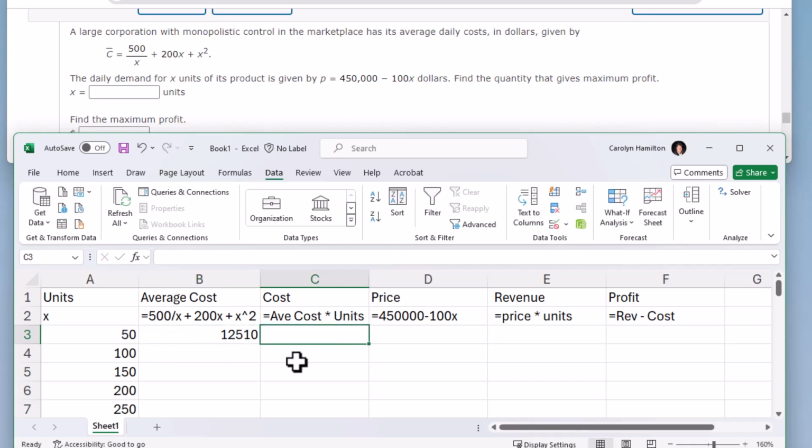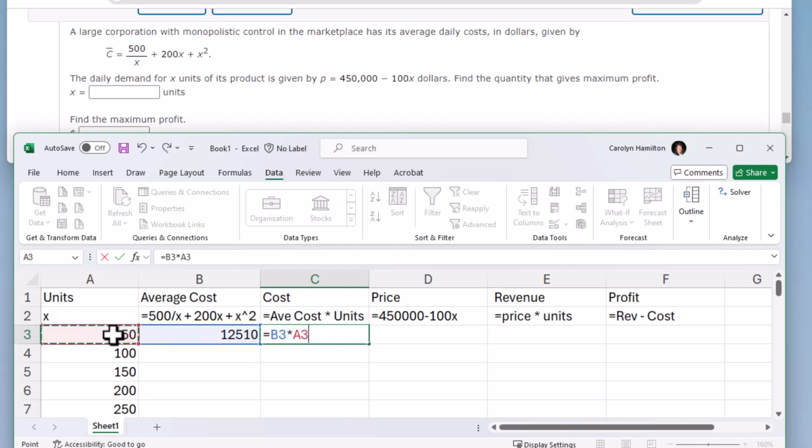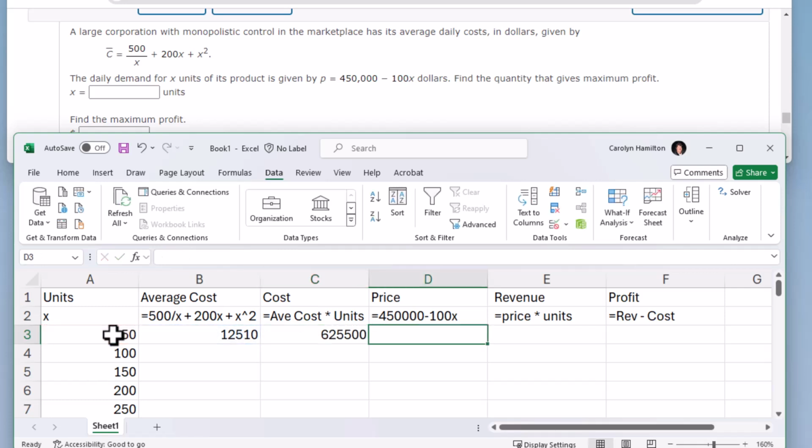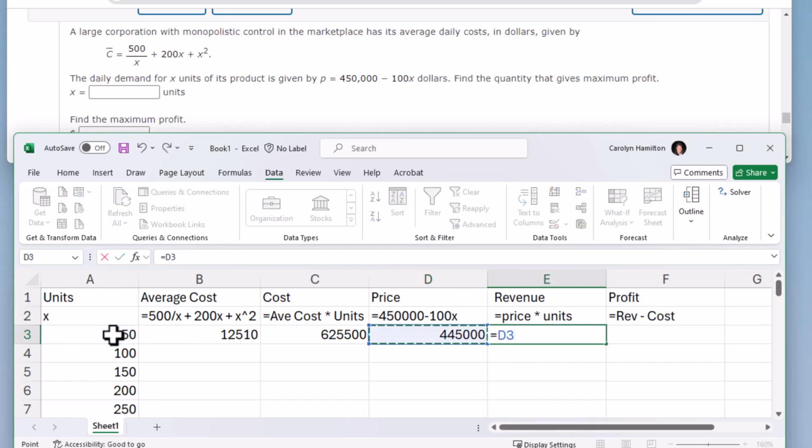Okay. Cost, average cost times the units. Price, 450,000 minus 100 times the units. Revenue, get the price, times the units.